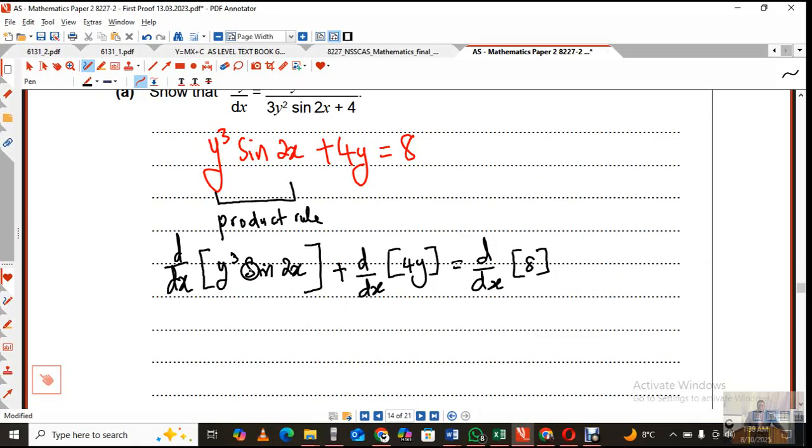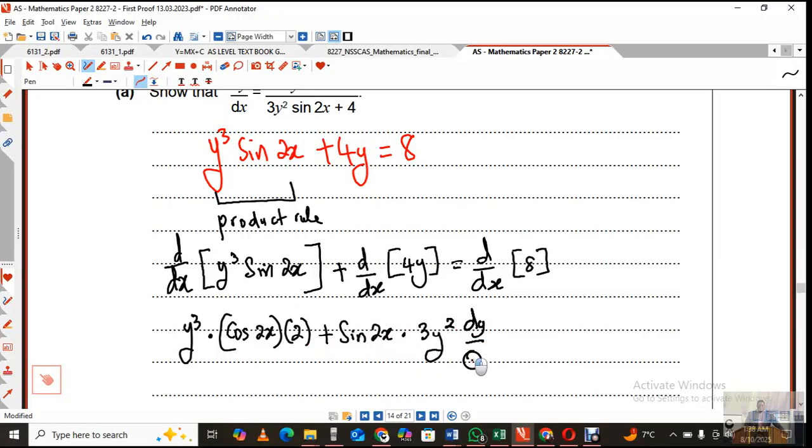When we differentiate this one, we keep the first, multiply by the derivative of the second, which is the cosine of 2x, and then multiply by the stuff inside, 2, plus the second, sine 2x, multiplied by the derivative of the first, 3y squared dy dx, plus now you have 4y, and the derivative of that is 4 dy dx, and it is equal to the derivative of 8, which is 0.